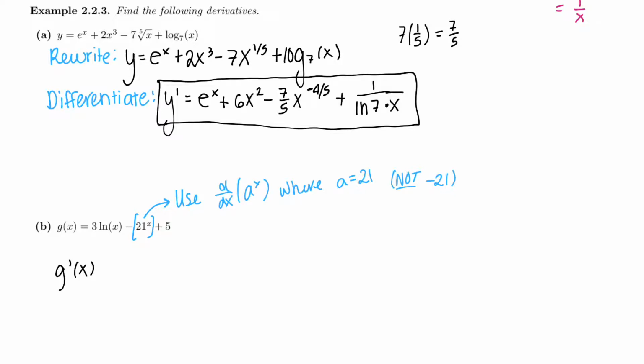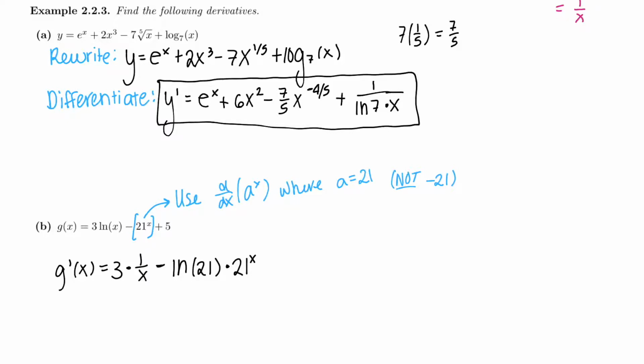Okay. So with 3 ln x, we'll put the 3 here, the constant multiple, and then the derivative of ln x was 1 over x, minus the derivative of a to the x, which was ln a times a to the x. So this will be ln of 21 times 21 to the x.